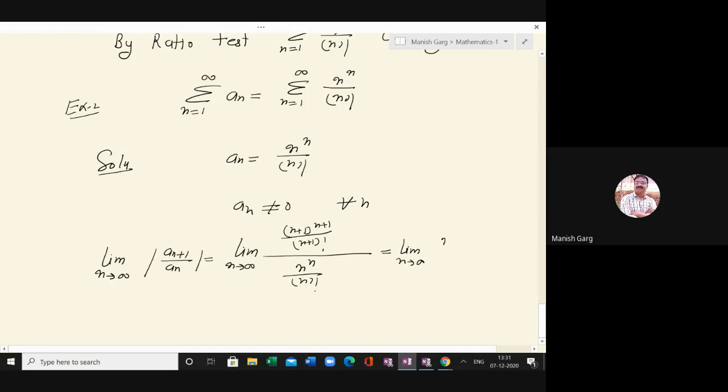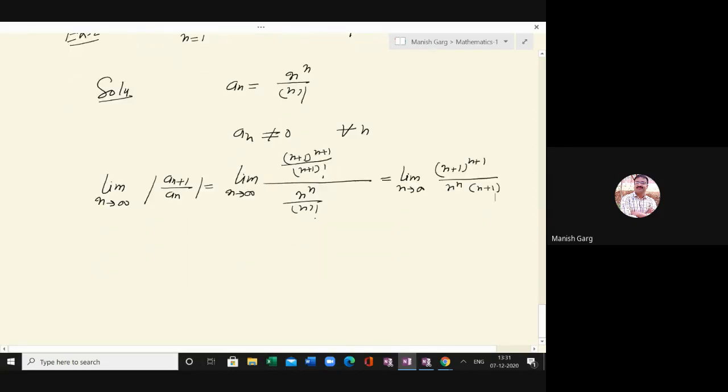So this is limit n tends to infinity mod a(n+1) by a(n).